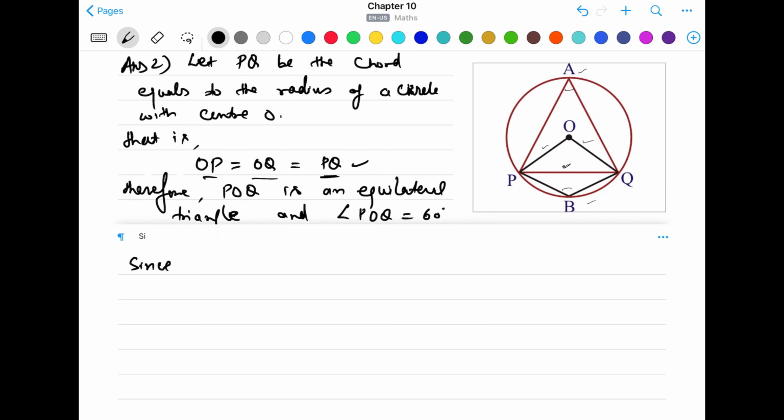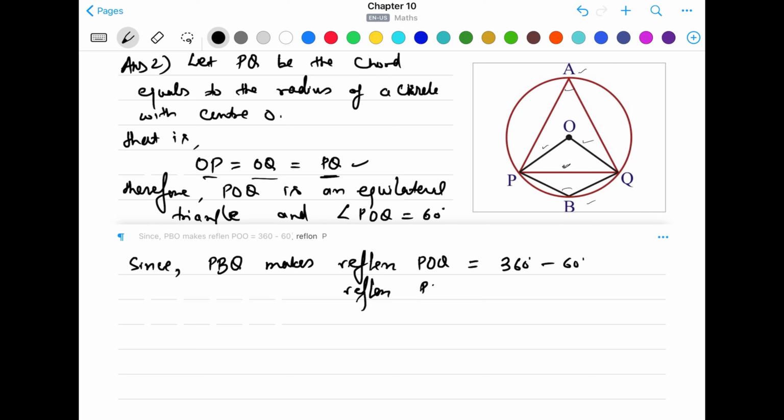Since PBQ makes reflex POQ, which equals the total angle of 360 degrees minus the angle POQ of 60, reflex angle POQ will be equal to 300 degrees. Okay, this is POQ. Let me write this again.